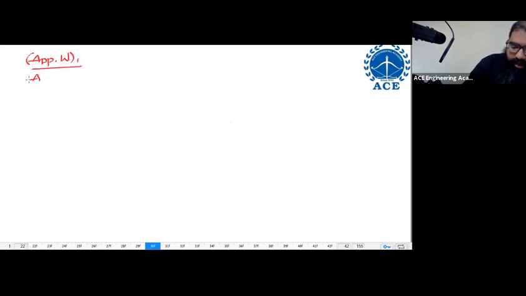Now let us move further. After this, I'm going to write one more formula. Previously, let me just mention over here what formula we have seen: apparent weight in first fluid upon apparent weight in second fluid is equal to SB minus SF1 upon SB minus SF2.